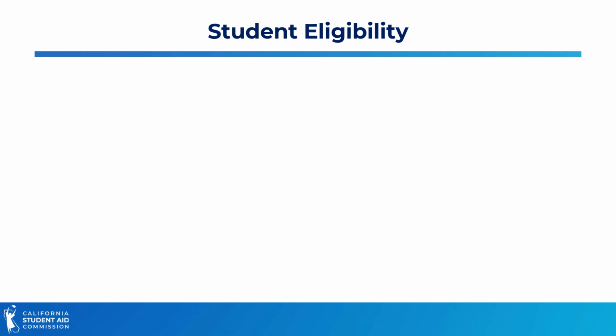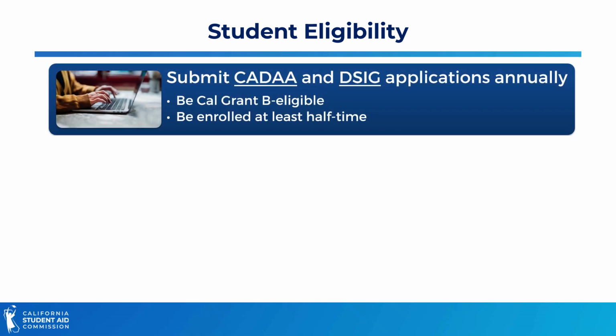Next, let's talk about student eligibility for the DSIG program. First, eligible students must apply with the CADA and DSIG applications annually and must meet Cal Grant B eligibility, where the student either has a Cal Grant B award or a Cal Grant A award that met initial Cal Grant B eligibility.